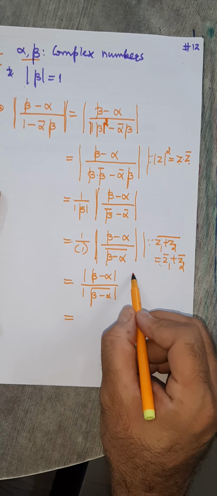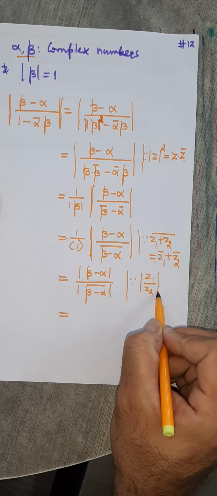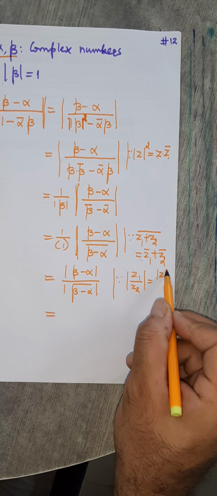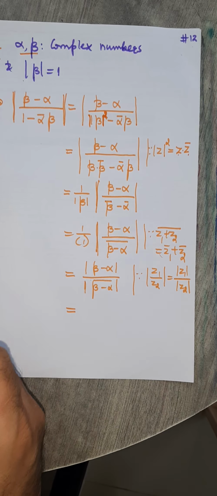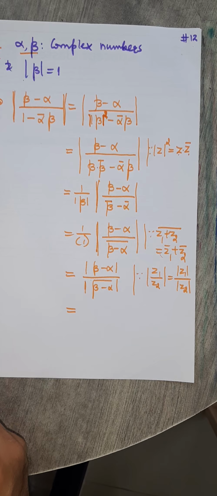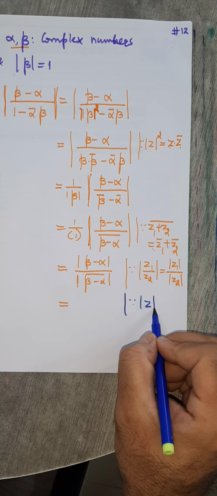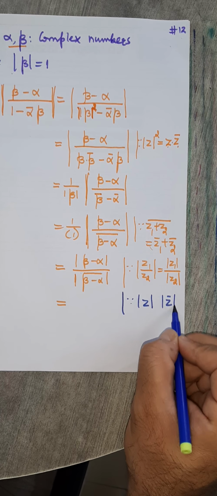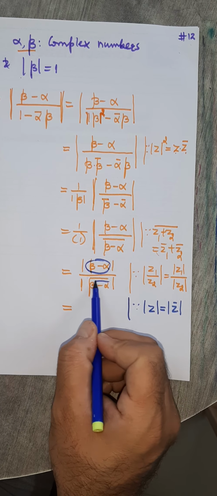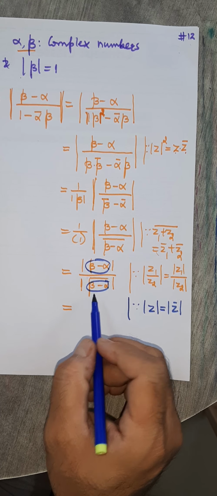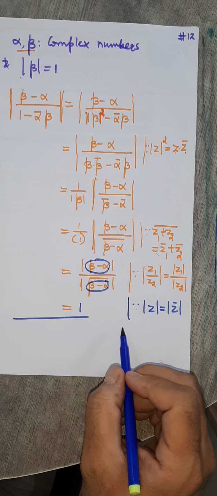This is the property of modulus we have used twice earlier: modulus of z1 upon z2 equals modulus of z1 upon modulus of z2. If you remember, we already stated magnitude of any complex number and its conjugate are always equal. So this is like z and this is like z conjugate, so both are always equal. So answer is 1 here. This will get cancelled.